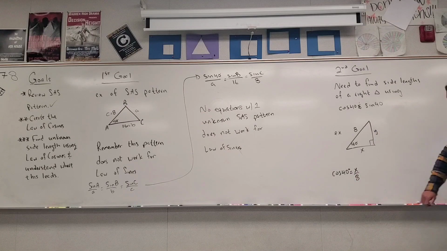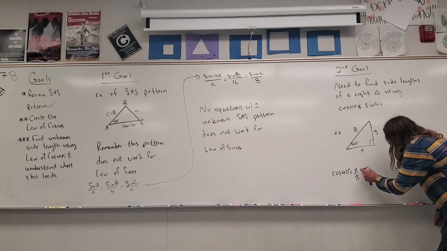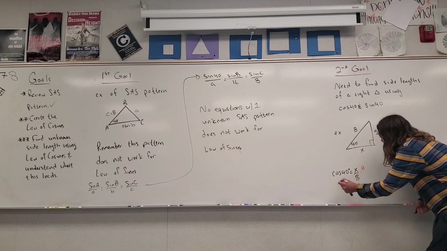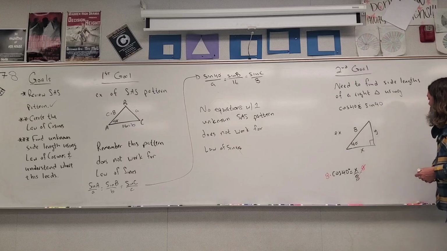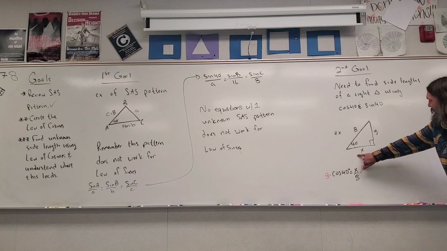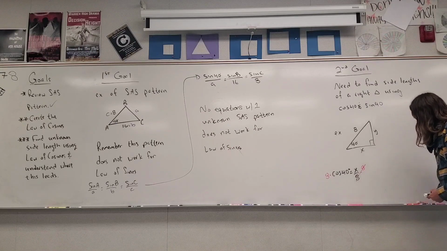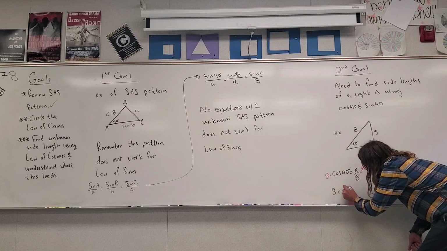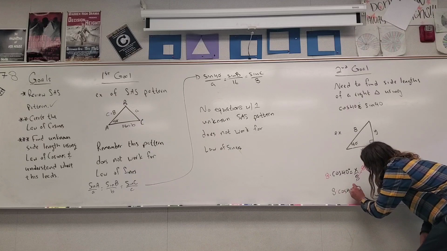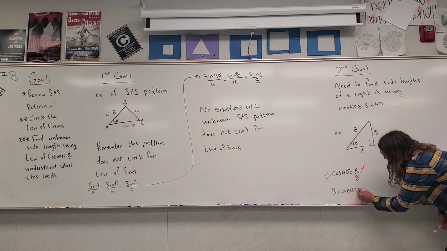Now, if I was to multiply both sides by 8, that would cancel, and the length of this side is 8 times cosine of 40 degrees. Okay, that's the length of that side.